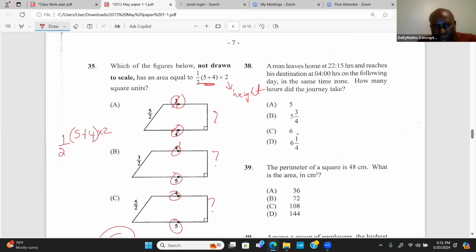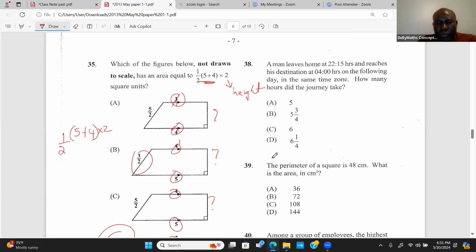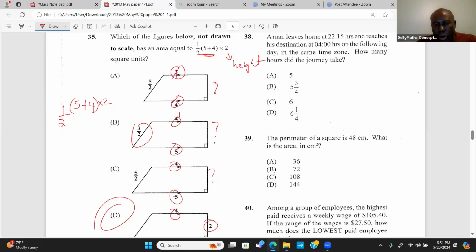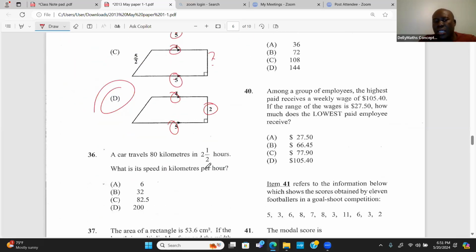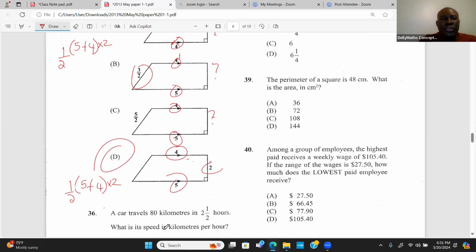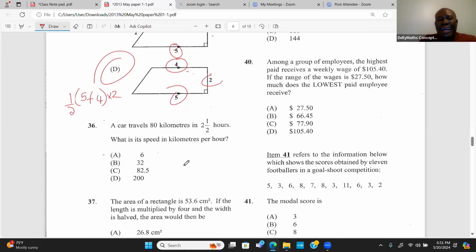This is 5 and 4, but no height is there. This is 5 and 4, but we don't have any height. So you could see D is the only one that has everything: the height and the parallel sides. So it would have been half the 5 and the 4 added, and then whatever result you multiply by 2, which is the height, which is what they gave us. So D is the answer.